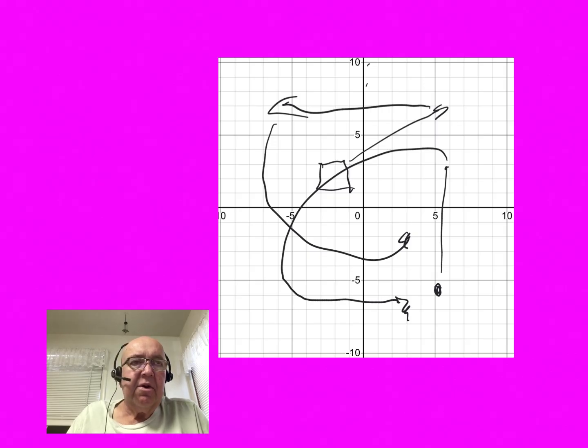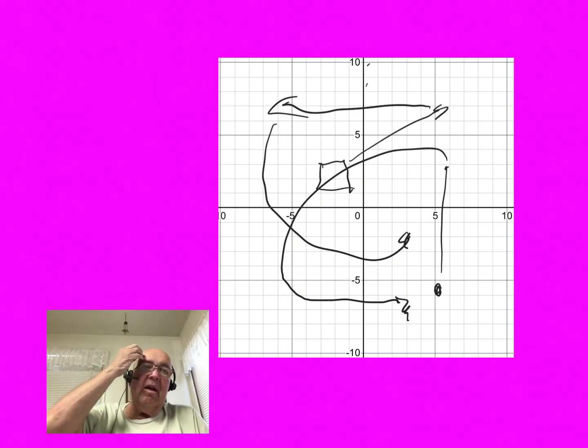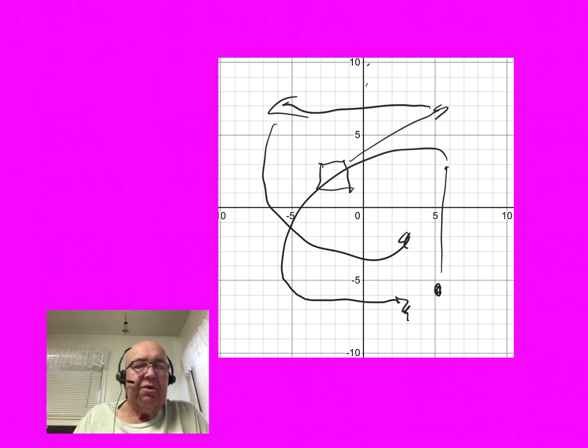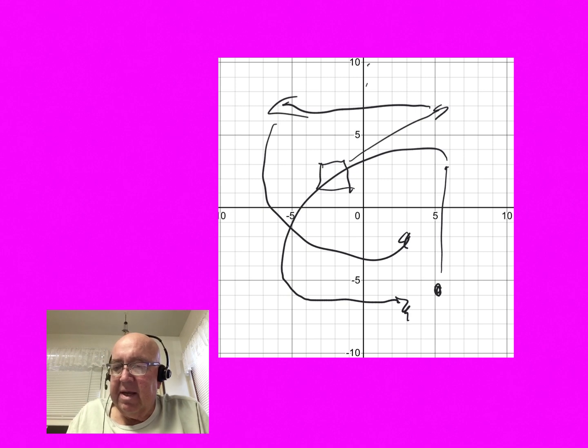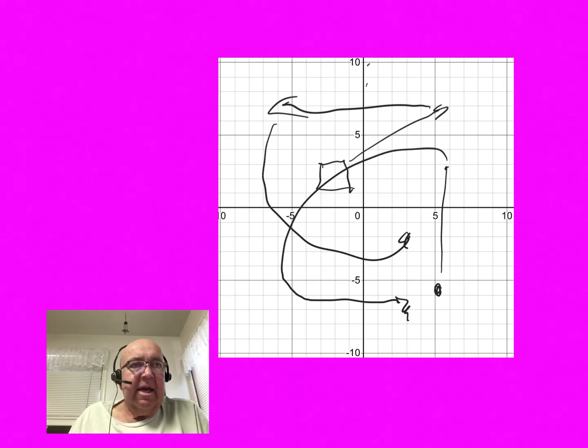Say where you reflected, what the rule for translation was and how far, how many degrees you rotated and around what point. You want to make sure your graph is clear and labeled. Again, write down what you do, and then again, be creative on your pirate message.